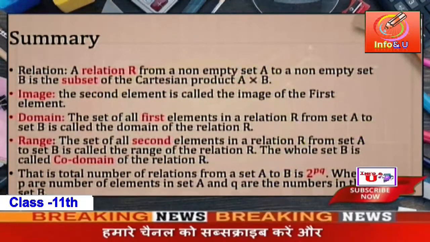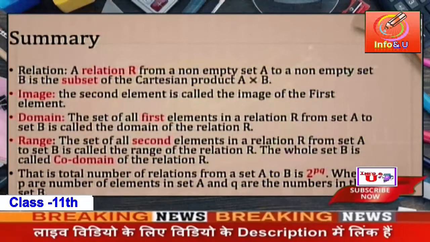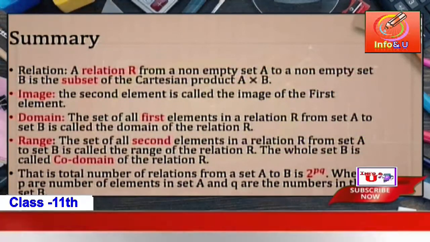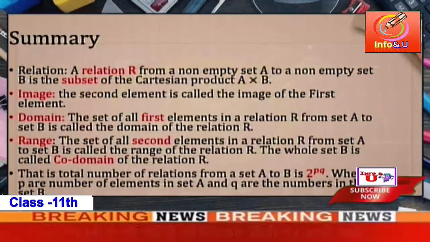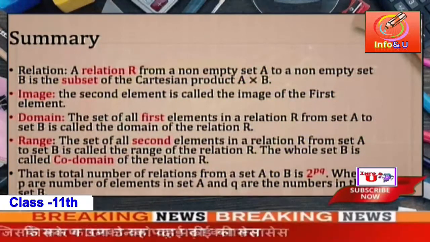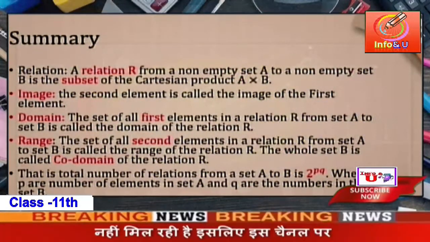The second element is called the image of the first element, which is the first element. Domain is the set of all those elements which have an image. Range is the set of all second elements, that means the set of all images.